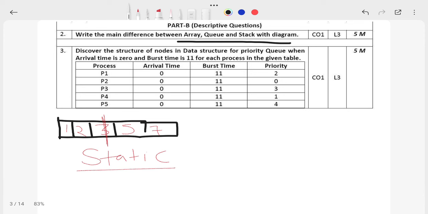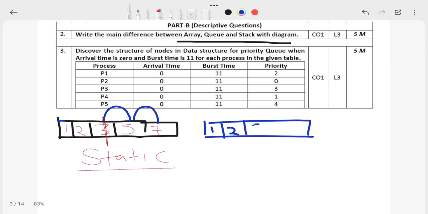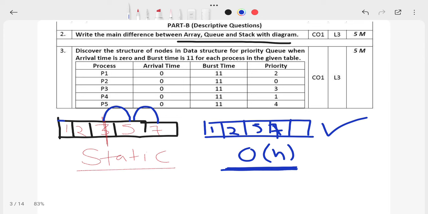What you can do is shift the elements, from this position to this position, then from here to here, then here to here. After that your array will be like this: the first element, then second, then fifth, then seventh, and this is 7. The size remains the same. So what is the meaning of this? Whenever you delete any single element, the time complexity will be order of n. This is the biggest problem in an array.